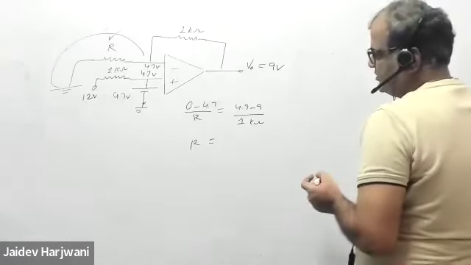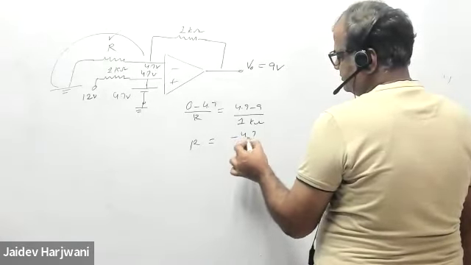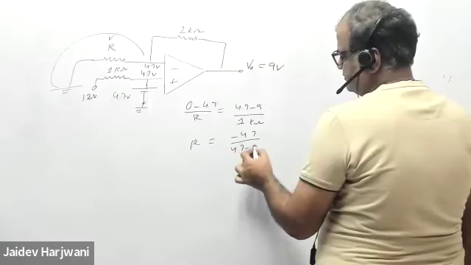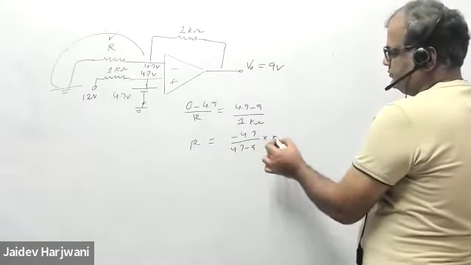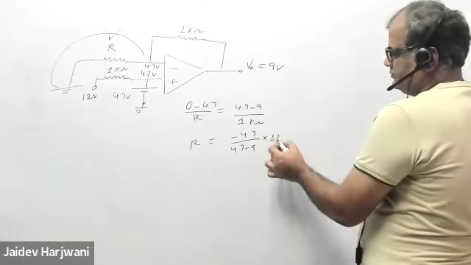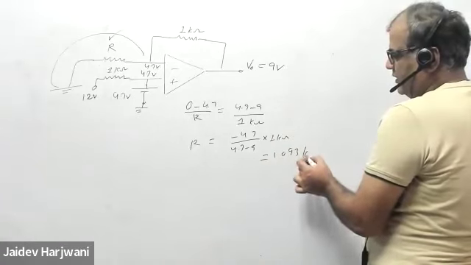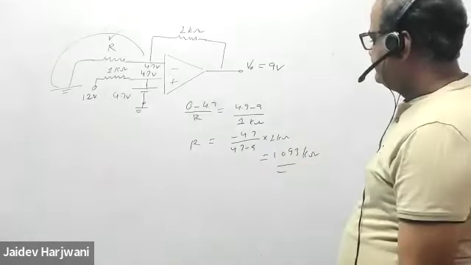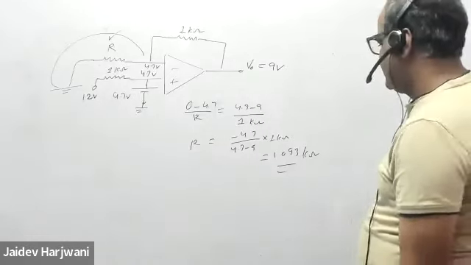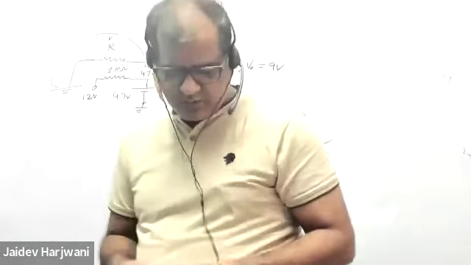Check it, how much is coming? Tell me the value. 1.093 kilo ohm. Okay, so this is the correct answer for this question. You can check, I will send a solution.